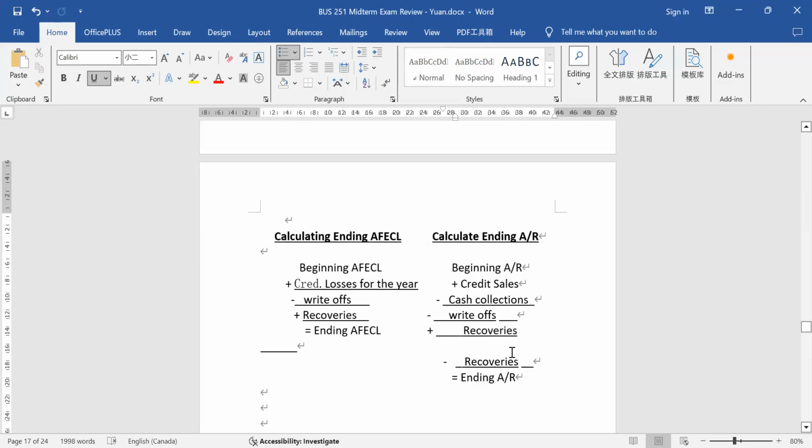If it's written in the context that this recovery is not paid out, then you cannot use the same amount. So this is the difference. But for all the practice that I have met up till now, it's the same amount. So it's better to write it here and subtract it.